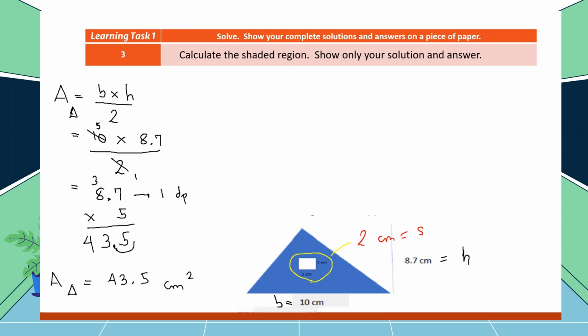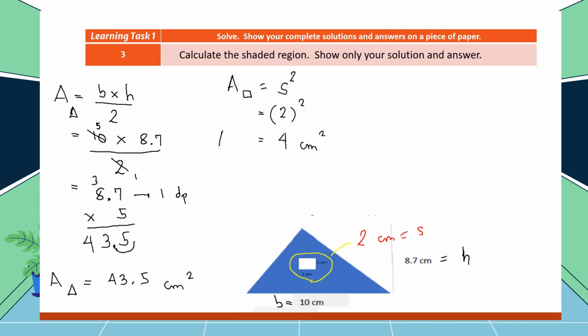So, alamin nga natin, ano naman ang area ng square? So, dahil ang area ng square ay s to the second power, or side times side, at nagkataong ang given side ay 2 centimeters, so meron tayong 2 square, which of course equivalent to 4 square centimeter.